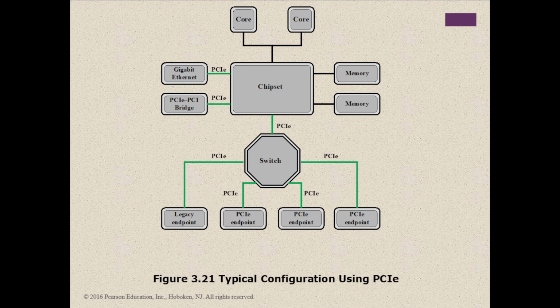And then we have the PCIe endpoint, an I/O device or controller that implements PCIe, such as a gigabit Ethernet switch, a graphics or video controller, disk interface, or a communications controller. For this example, we have three PCIe endpoints.